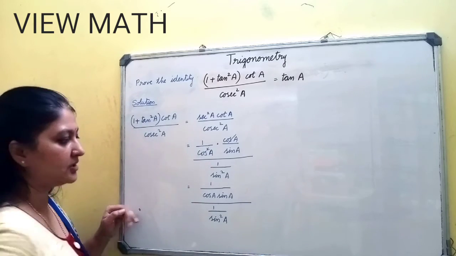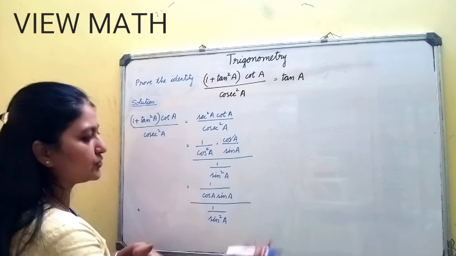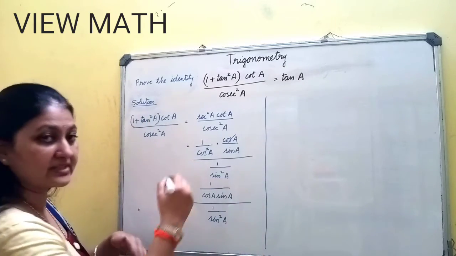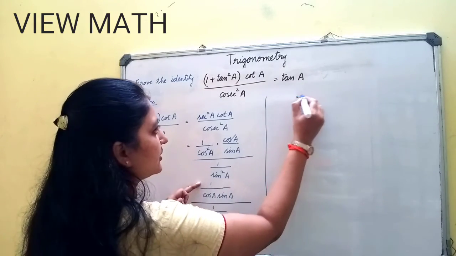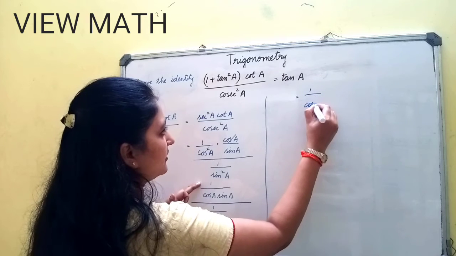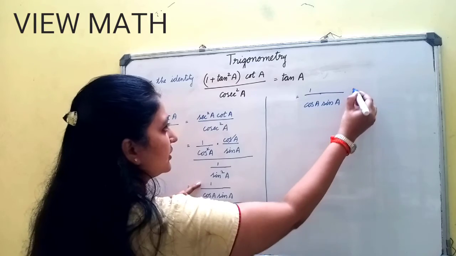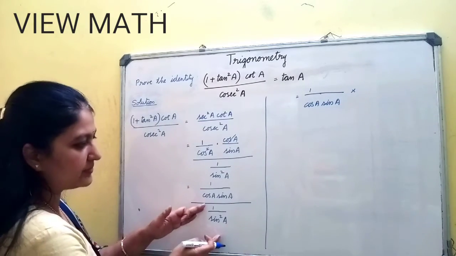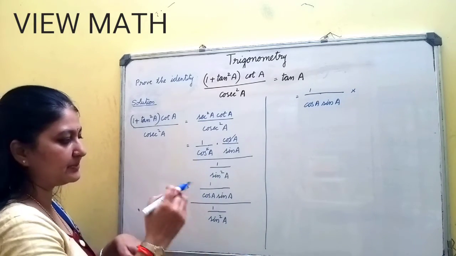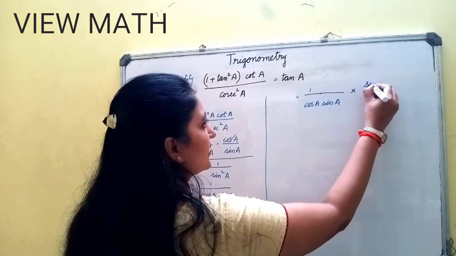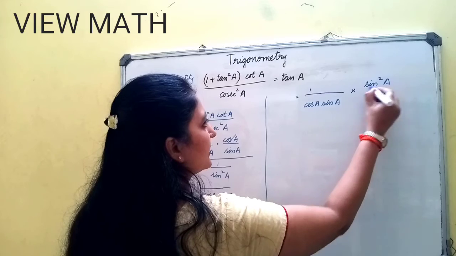Now let me bring this denominator to the numerator. So I have to change the division to the reciprocal. 1 by cos A sin A, the numerator I am writing as it is, into the denominator I am bringing to the numerator. So it becomes the reciprocal and it is multiplication here: sin square A by 1.